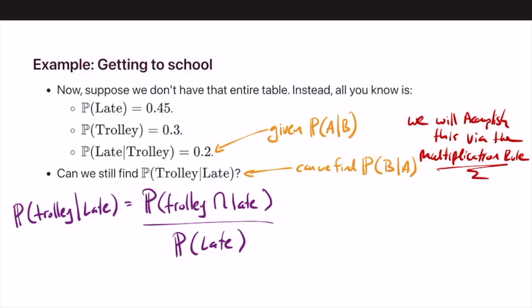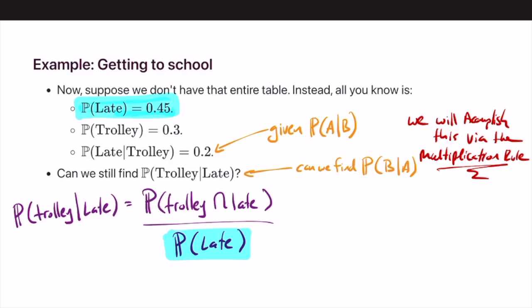Now, we already have one piece of information here. We have the probability of being late, and that's given to us right up here. So we can go ahead and use that.